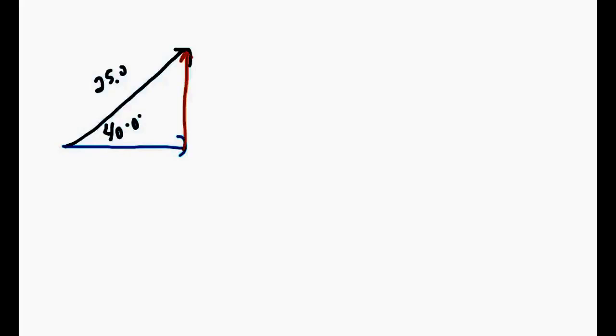The question is, should we draw it east first and then north, or should we go north and then east? And it really doesn't matter. It'll work the same either way. You just got to pick one and make sure you have the right angle. In this case, the way I drew the 40 degrees, it's better to draw the triangle like that. Let me just show you the other version.